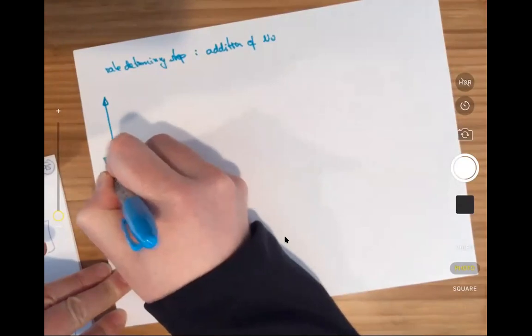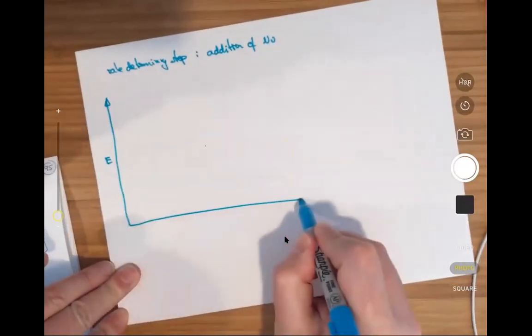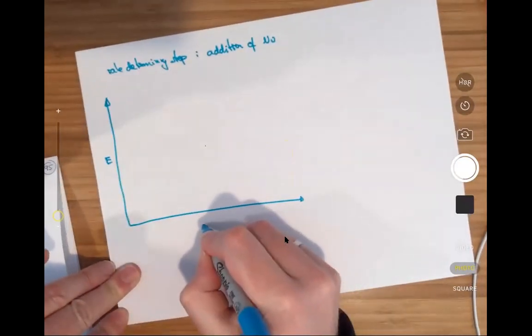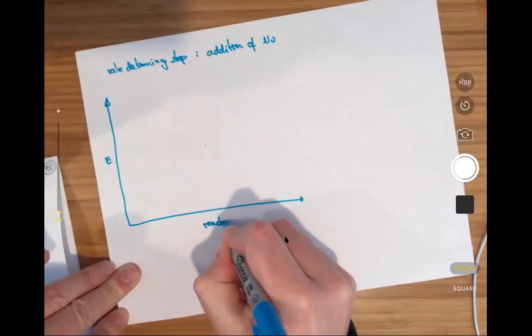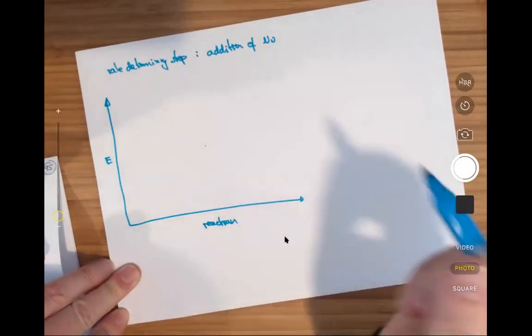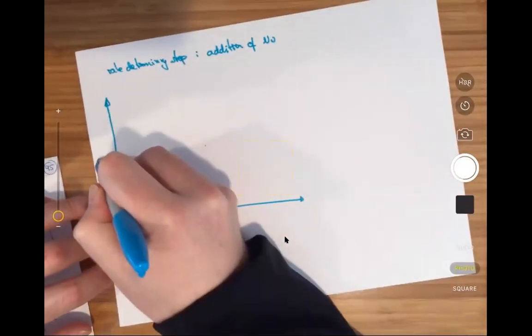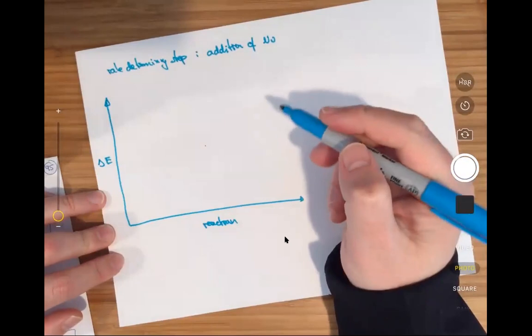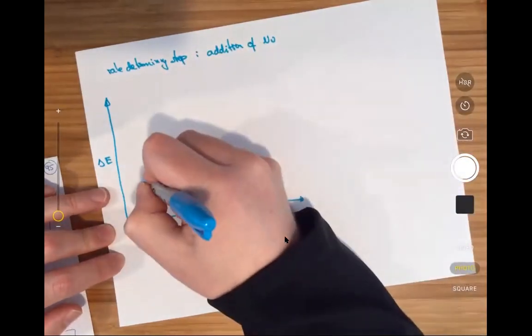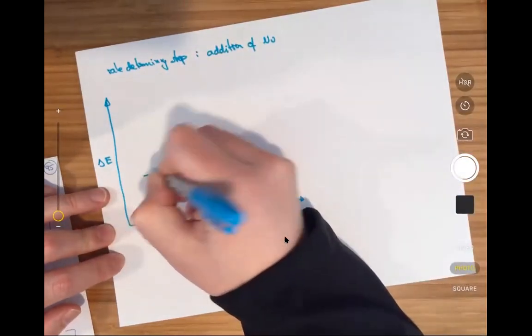And if we were to draw out an energy diagram, the same way we have done this for the electrophilic aromatic substitution, where this is your reaction coordinate, and this is an arbitrary energy for our purpose here, a delta E, then we can start out, let's say, we have our starting materials over here.